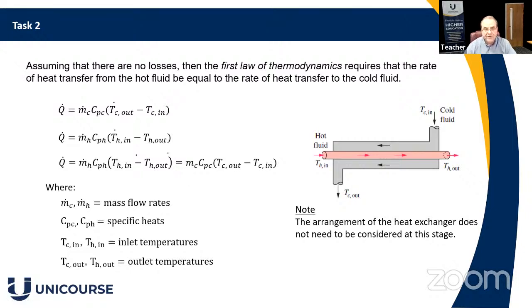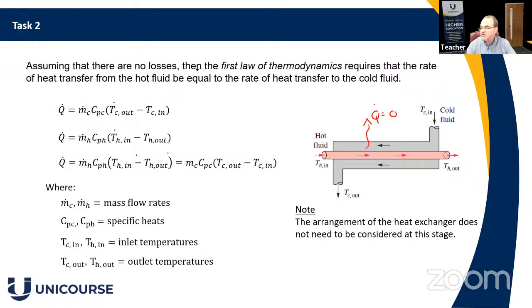The first thing we've got to think about is that we assume there are no losses. So this could be any heat exchanger. I've shown a counterflow heat exchanger with a counterflow direction. We'll assume there are no transfer losses out, so there's no Q from the casing, and that is equal to 0.